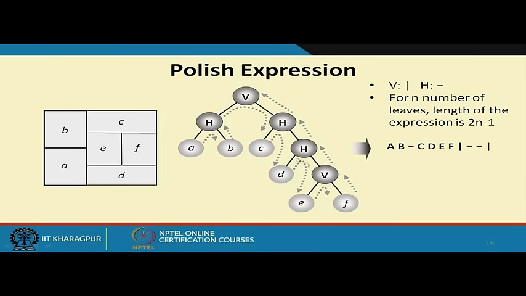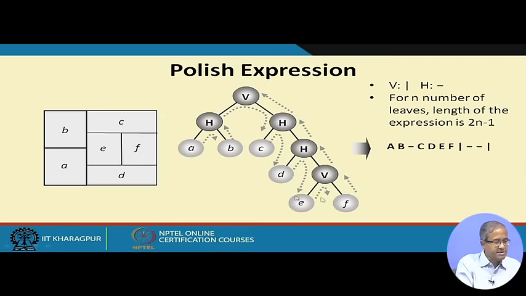So, when you have any tree like this, you can write down the equivalent Polish expression. I will show you this. Well, V I am showing here by a vertical line and H I am showing by a horizontal line. AB horizontal line, AB horizontal line.